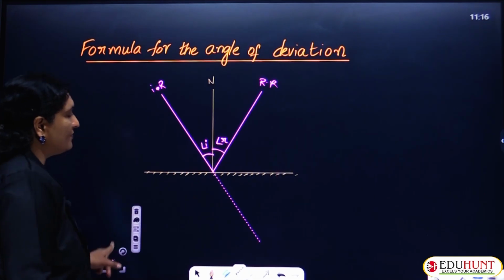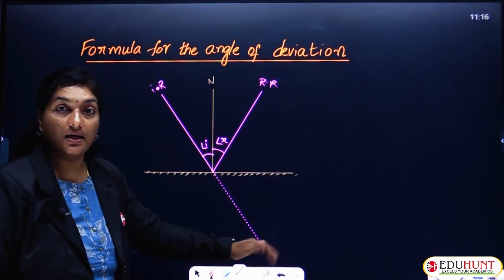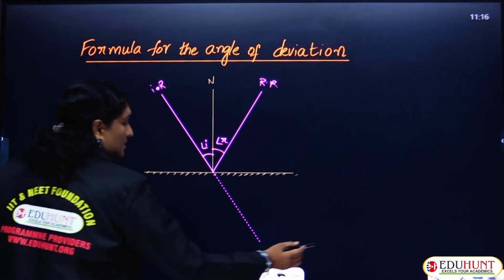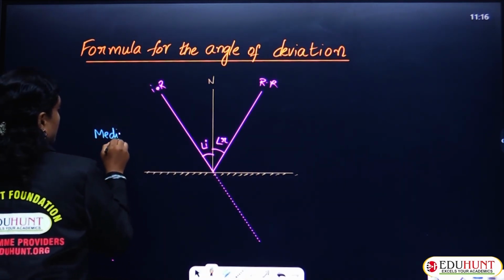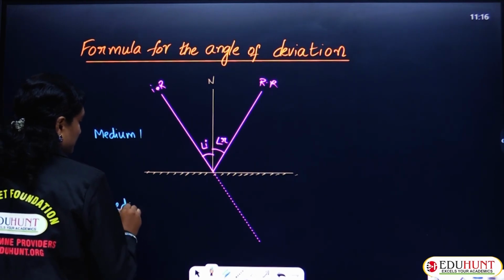So instead of this light ray traveling straight ahead to the other medium, this is medium 1, and this must be medium 2.